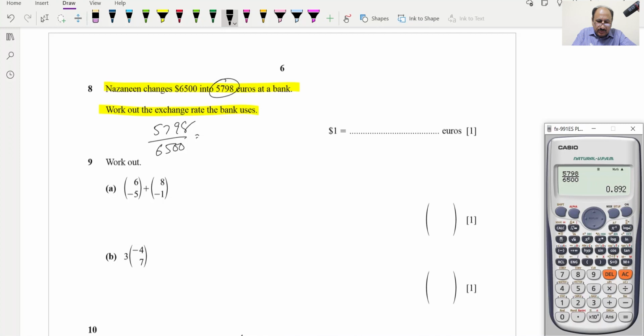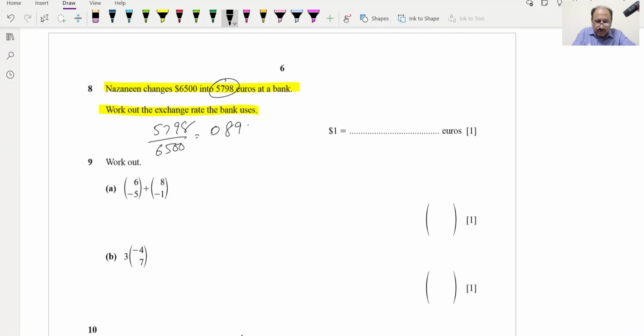It is 0.892. So $1 is equal to 0.892 euros.